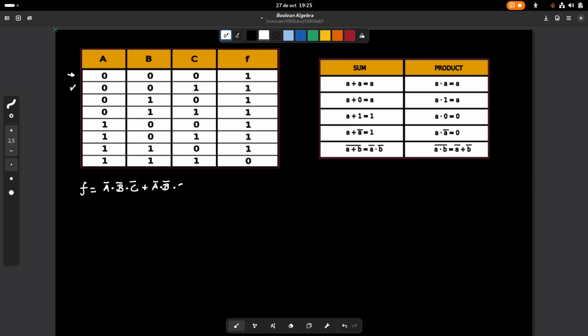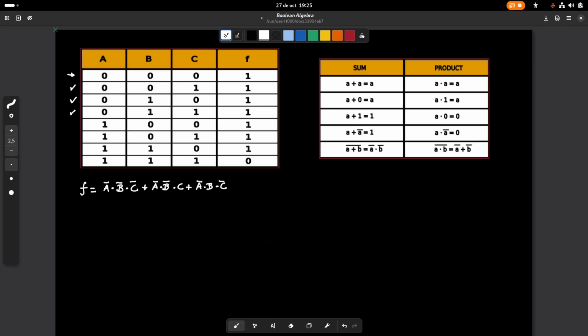and C. So we continue with the third row, from which we get A negated and B and C negated.